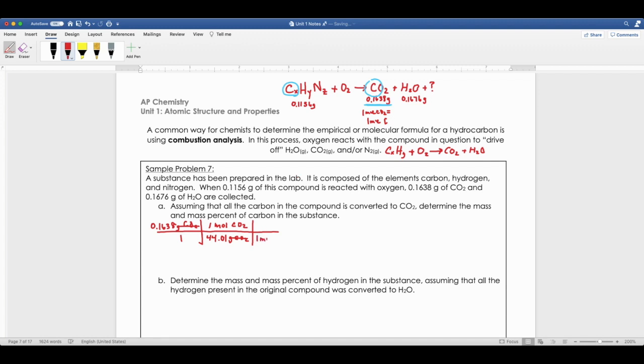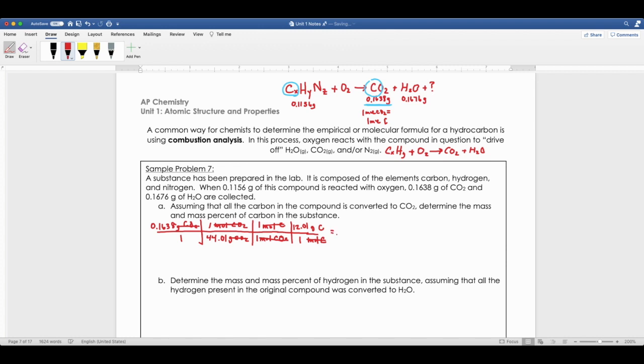So, based on the fact that there is 1 carbon in 1 CO2, I can use that as a conversion factor. So there is 1 mole of carbon and 1 mole of CO2. That cancels out. Now that I'm in moles of carbon, I can convert this to grams of carbon, because I know 1 mole of carbon, from its mass on the periodic table, is 12.01 grams.